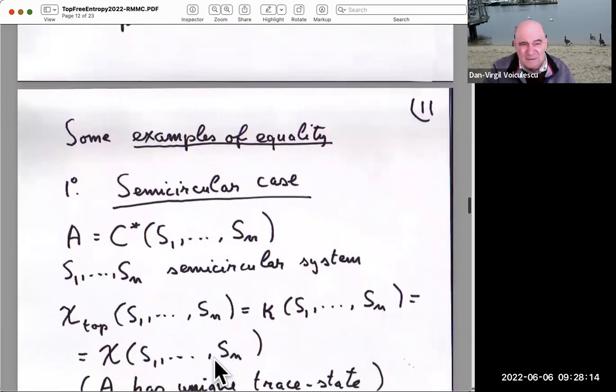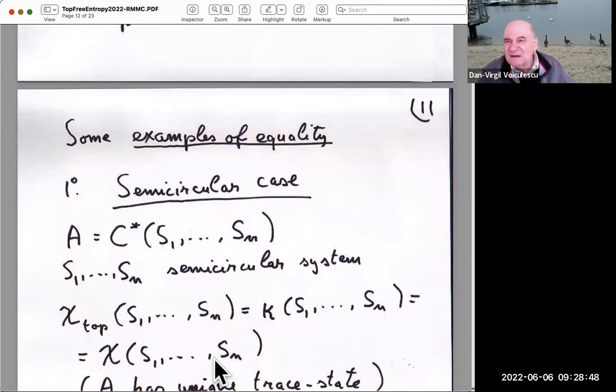One is the example in the semicircular case, semicircular variables. These are the analog of Gaussian variables in free probability. If you don't know what they are, here is a simple way to define them. Take the full Fock space of Boltzmann.